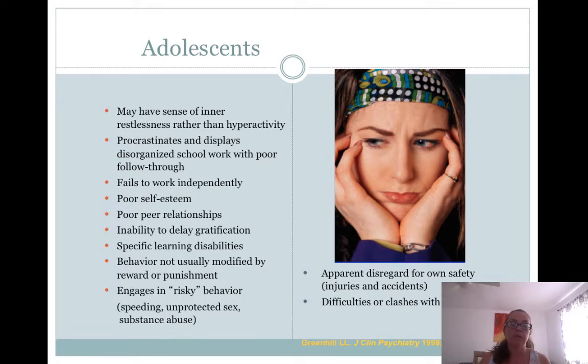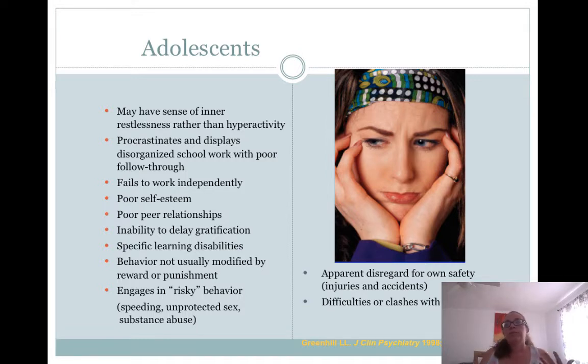Engages in risky behavior like speeding, unprotected sex, substance abuse, disregard for their own safety, difficulties or clashes with authority. Now again, these are symptoms of ADHD, but couldn't they also be, your dad abandoned you and your mom is a crack addict and is hardly ever home, and you're basically raising yourself in the slums of San Bernardino, and you're doing the best you can with life, but you joined a gang in order to have a family, and now your life is just all sorts of screwed up.